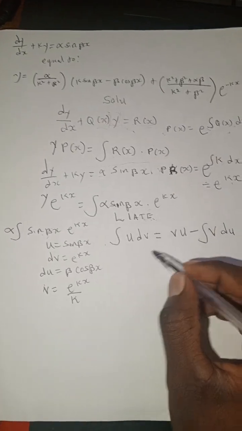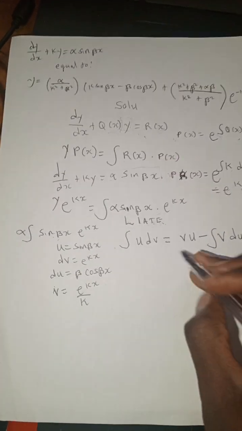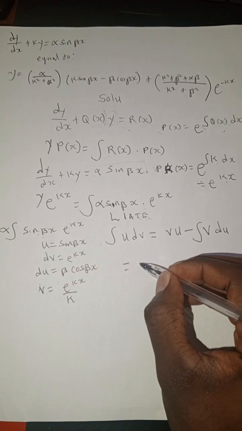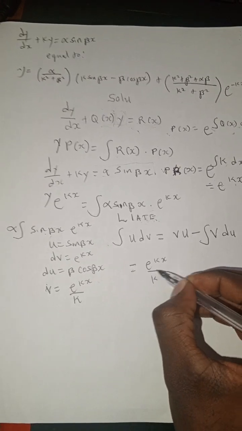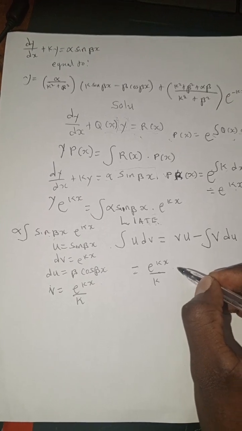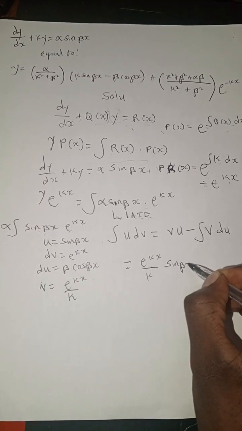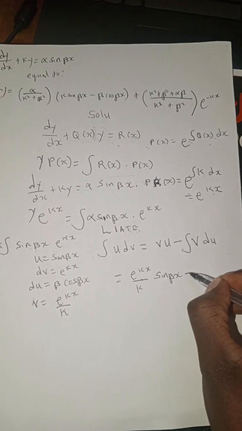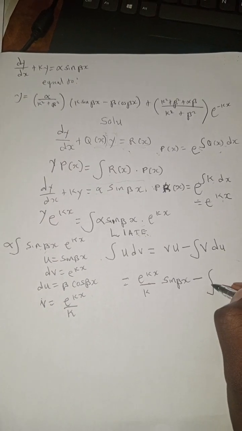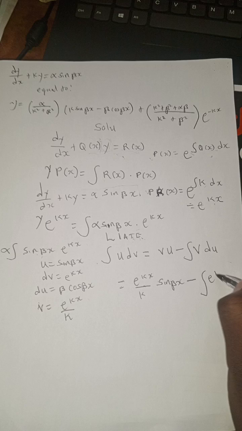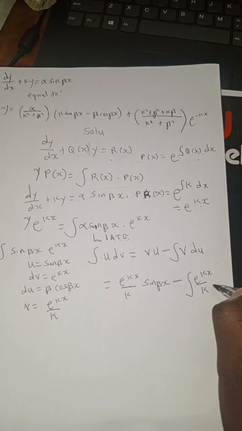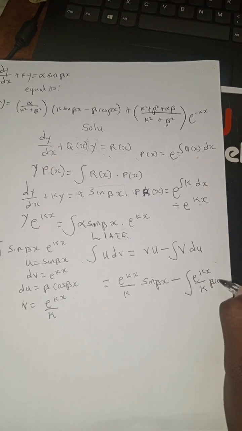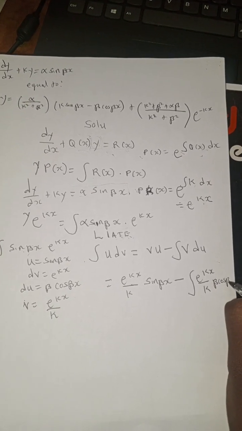Now from here, let's just plug what we have in the formula. What is our v? Our v is e^kx over k. We multiply it with u. What is u? u is sine beta x. Then we'll subtract v, which is e^kx over k, then du, which is beta cos beta x.